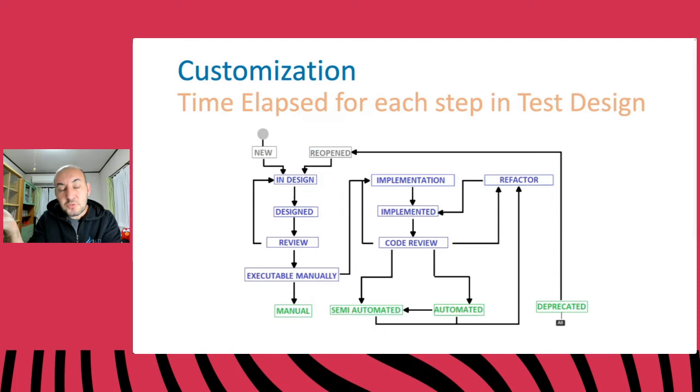It means, why don't you start executing right after it is implemented? So you can try to understand the root cause for this kind of waste of time. So for better visibility, for better transparency, please consider modifying the default workflows.